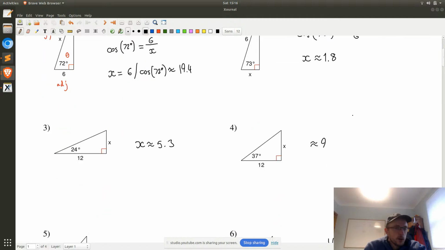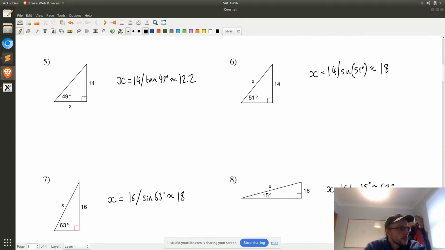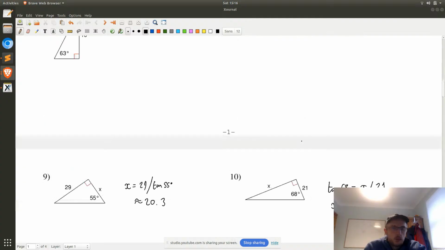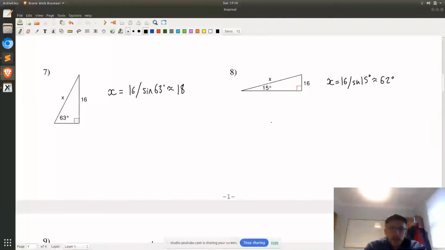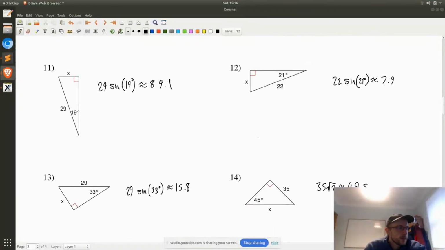Right, correct. That should be 61.8, but I don't know why I rounded that degree. That's fine. That's no.